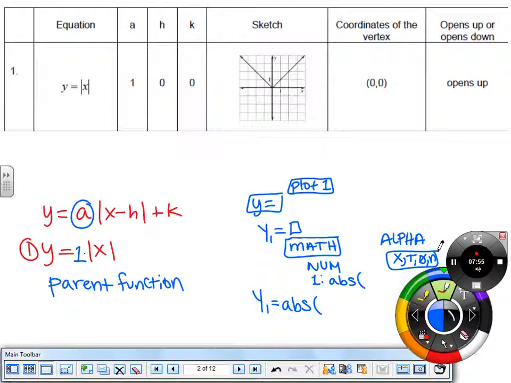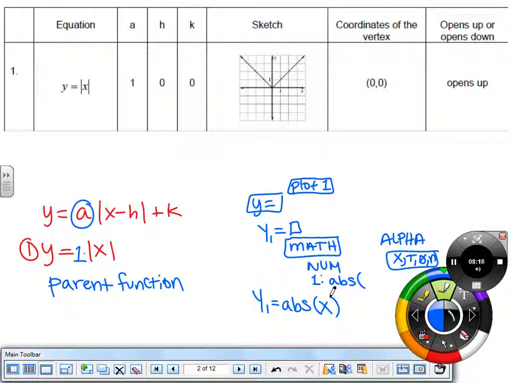So this will quickly give us that variable. So just go ahead and push that button. That should put an X inside your absolute value. Those of you that have the bars, you might just want to arrow to the right so that you're out of the bars and you're done. Those of you that don't have the bars, you just need to close the parentheses, and the parenthesis is right above the number 9. And so now you should have the y1 equation entered and highlighted.